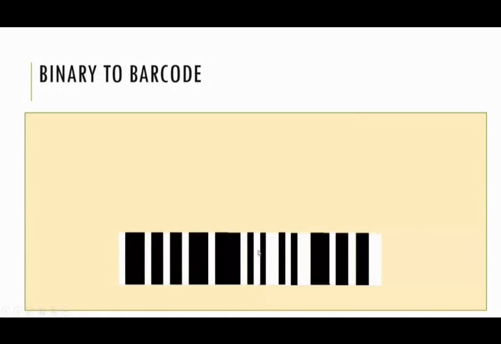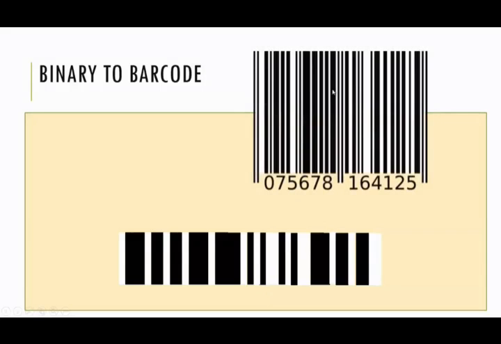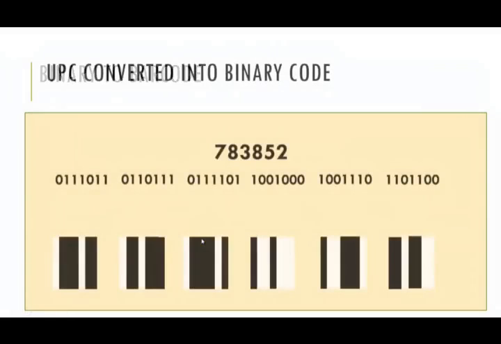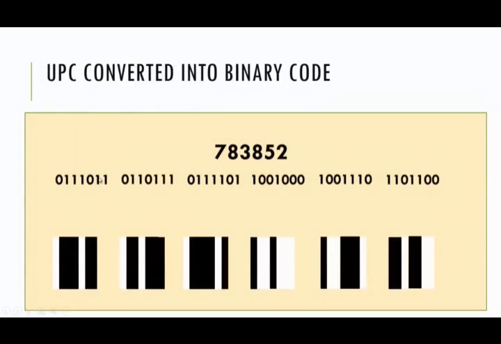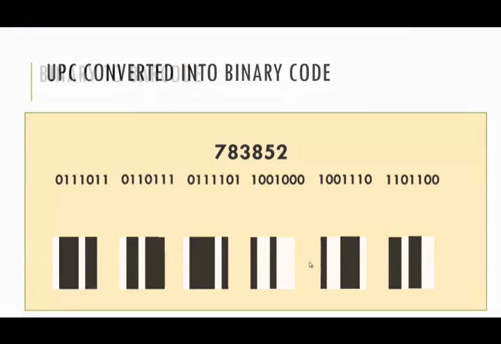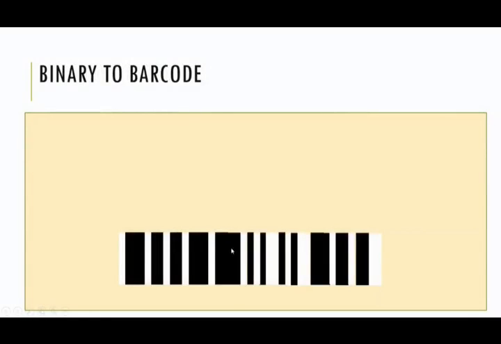Now this is your barcode. This is an actual barcode. I took this from Google. I don't know which product this is, but this is the one that we just made out of this binary number. If we go back again, this is the product code, this is its binary number, and this here, which I'm going to combine again, is the barcode.